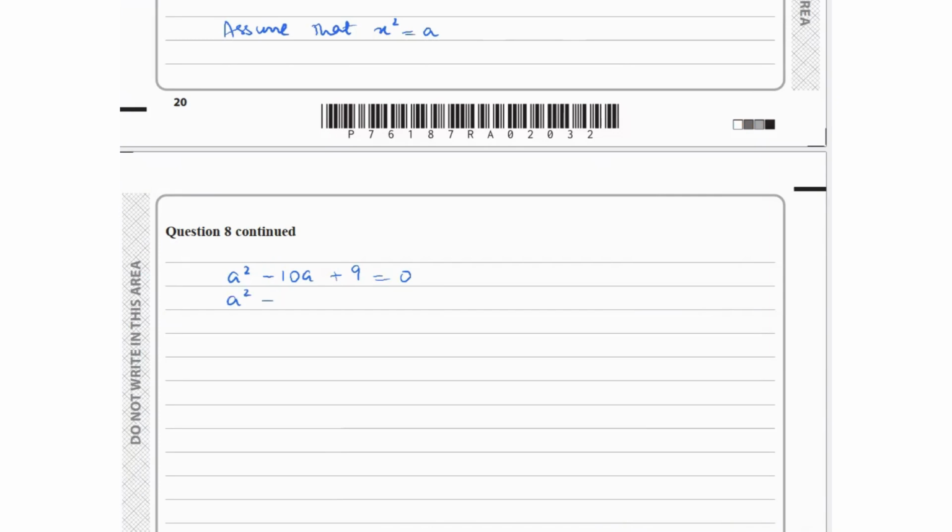A squared minus 9a minus a plus 9 equals 0. A bracket a minus 9 minus 1 bracket a minus 9 equals 0. A minus 9 bracket a minus 1 equals 0, where a equals 9 and a equals 1.